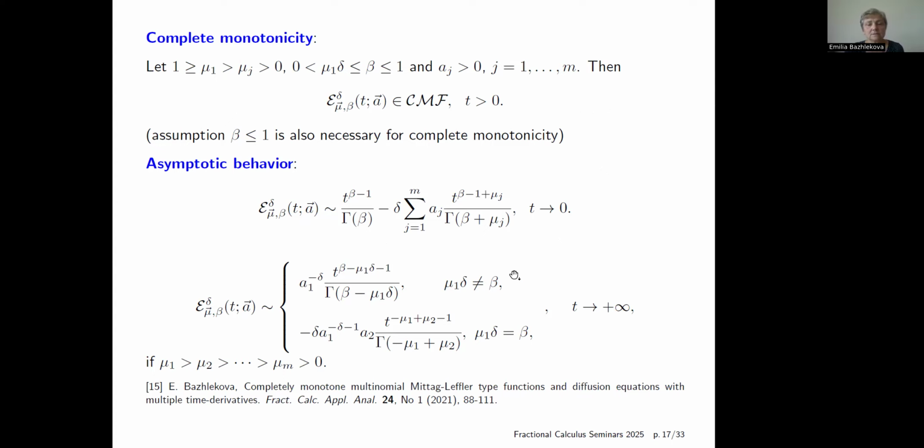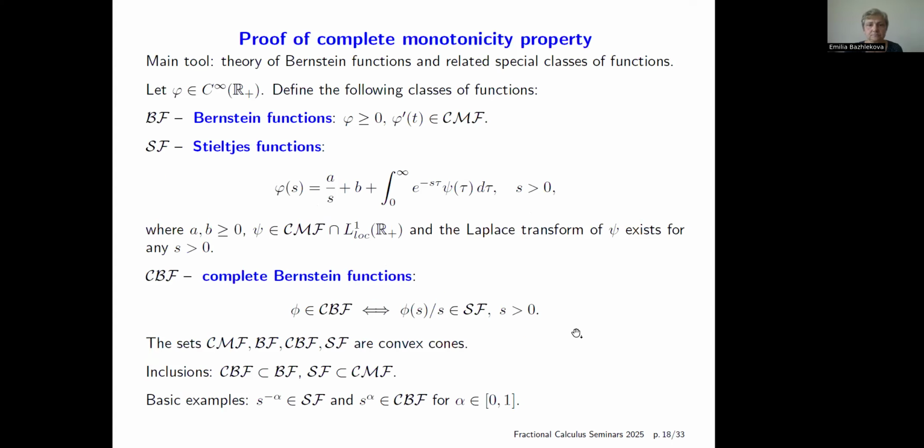And here I give also the asymptotic expansion of the function for large times. And these results and the proofs can be found in paper 15. The complete monotonicity result is proven based on the theory of Bernstein functions and related special classes of functions.